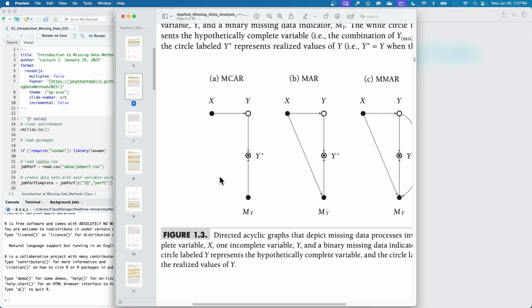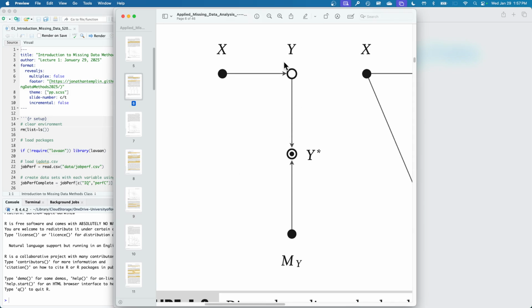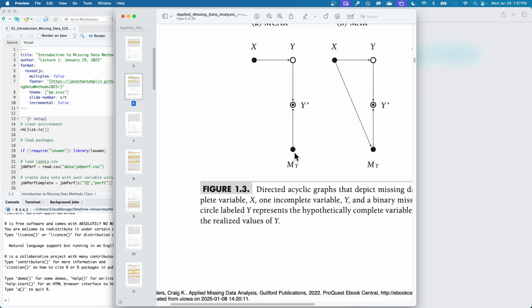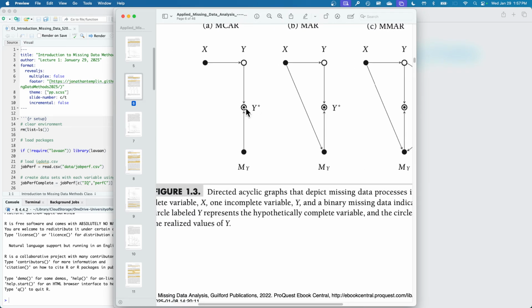A directed acyclic graph, if you're trying to read this, would be saying that the realized value of y itself has something to do with the missing data, but because the missing data itself is not a function of y directly or x, once we condition on what we have, independence happens. So the directed acyclic graph, if you're into that type of idea, it works.